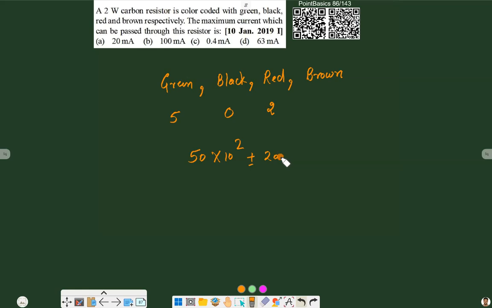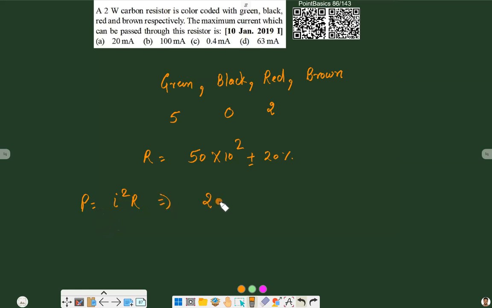So plus minus 20%. So this is the value of resistance. Now we have to find the maximum current. So assuming this to be the mean value, we know that power is given by I square into R.